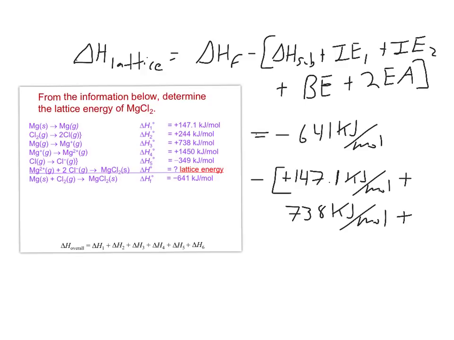IE1 plus IE2. So magnesium is in the ionized gas phase. Next, chlorine: to break it from diatomic chlorine to monoatomic chlorine, that value.